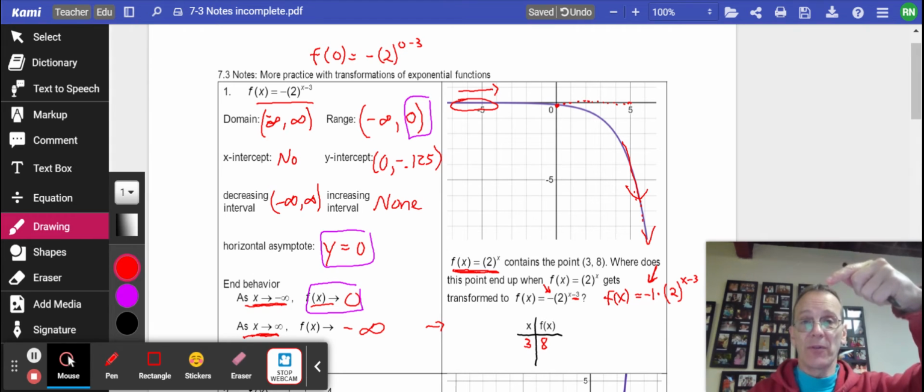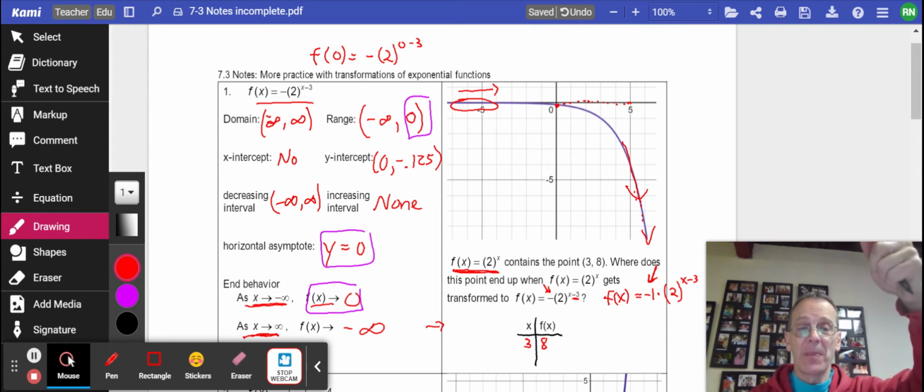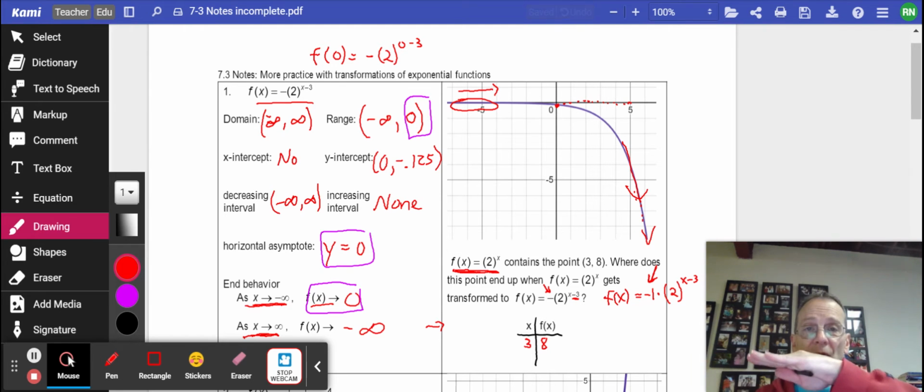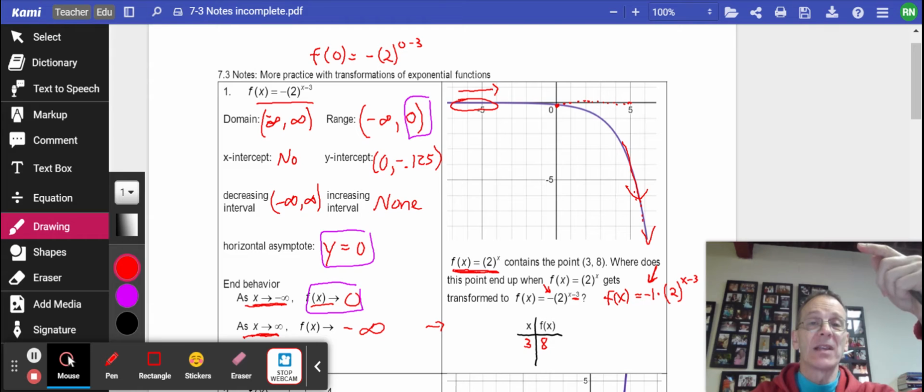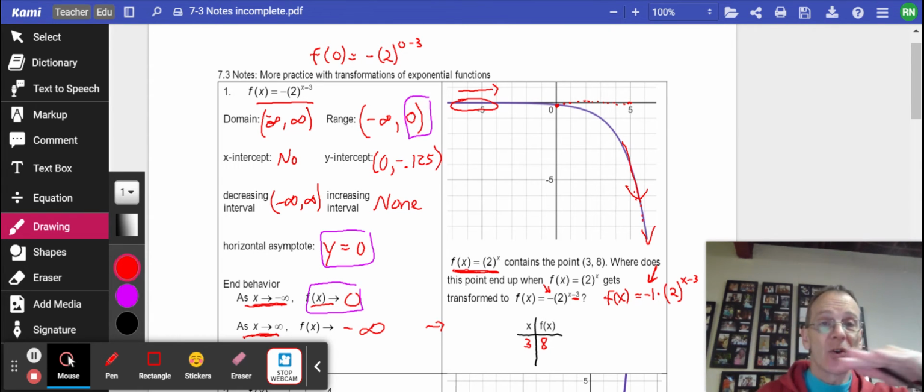So y values are going from up to down and down to up. And so we describe that as being a reflection across the x-axis. Okay? It's y values that are changing. We might say it's a reflection in the y direction, but it's a reflection across the x-axis is usually how we describe it, okay?